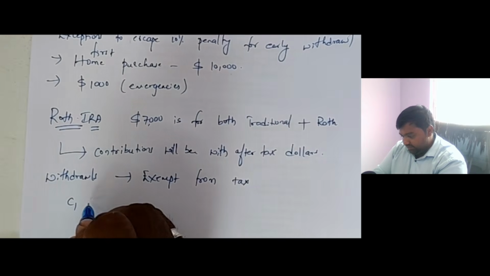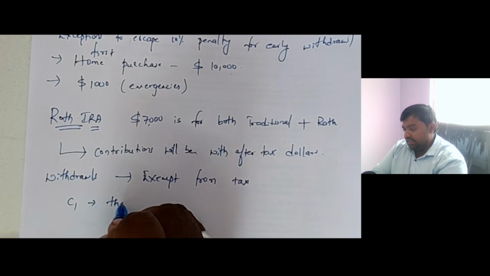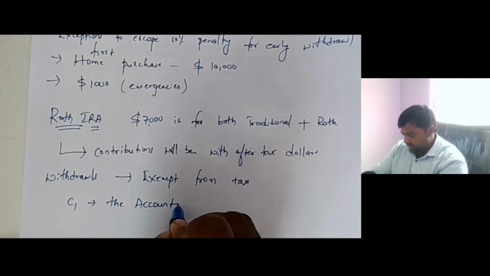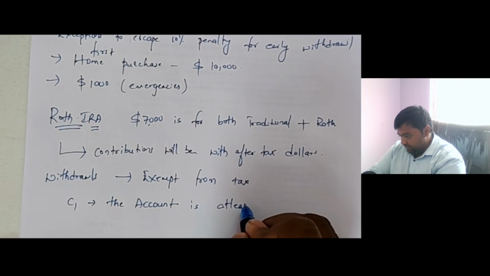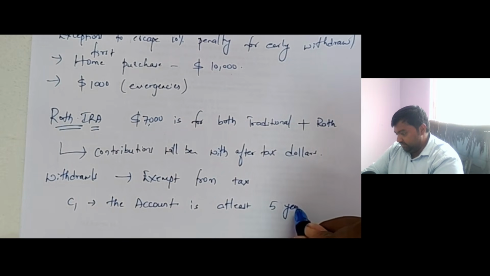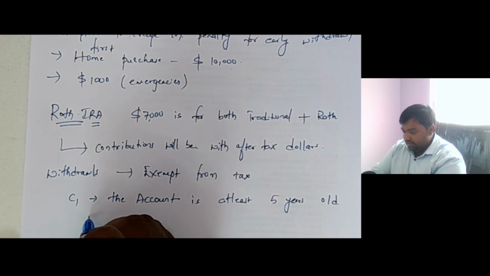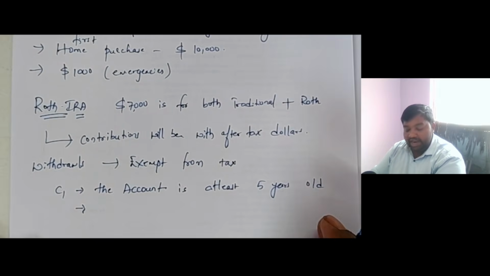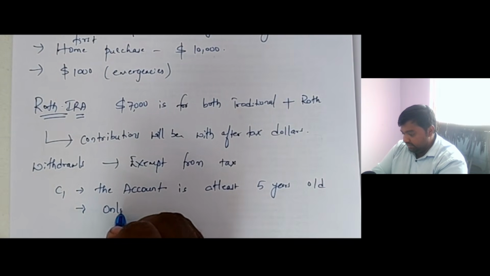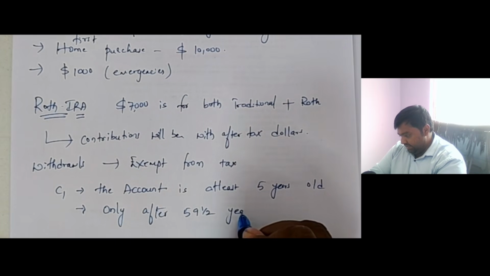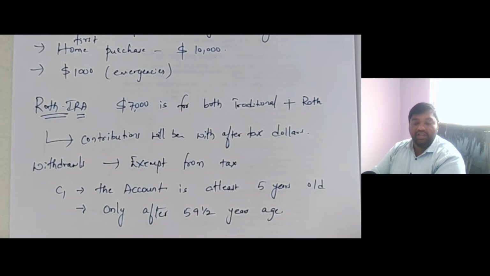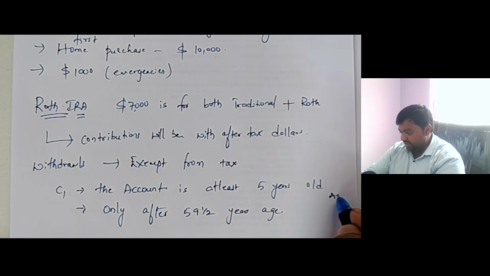Condition number 1, this Roth IRA account is at least 5 years old. Okay, and you should withdraw only after 59.5 years age. Okay, so both conditions should be satisfied.